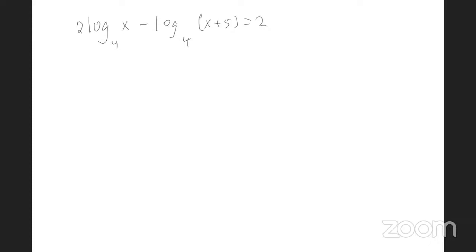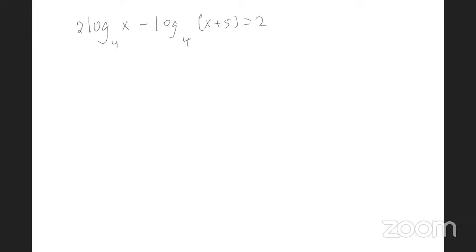Finish? Right, so I gave you a few minutes. What's the first thing to do here before it turns into the last one that we did? Both of them are the same base already. So the 2 is the 2.